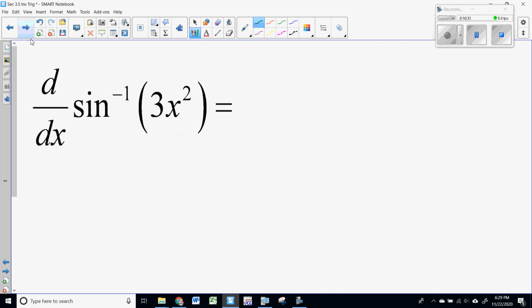So let's look at an example. What is the derivative of inverse sine of 3x squared? Well, our derivative of inverse sine is 1 over the square root of 1 minus x squared.